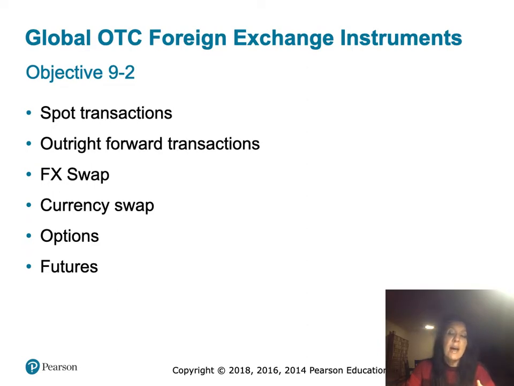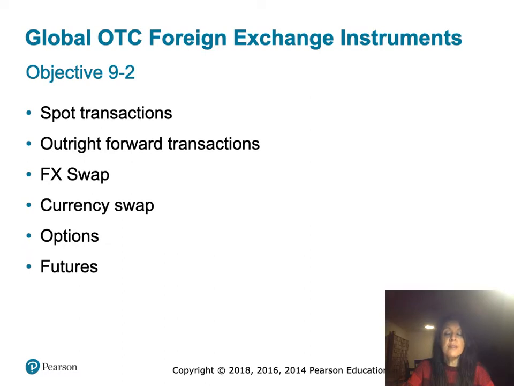For instance, a bank would quote an exchange rate for a transaction on Monday, but the delivery would take place on Thursday. The rate at which the transaction is settled is called the spot rate.